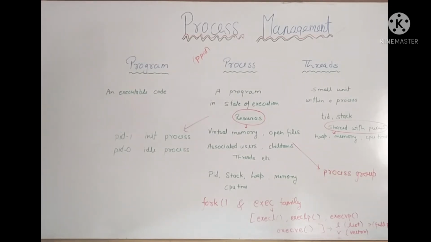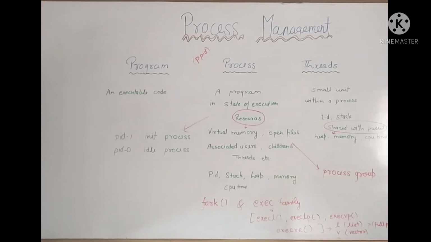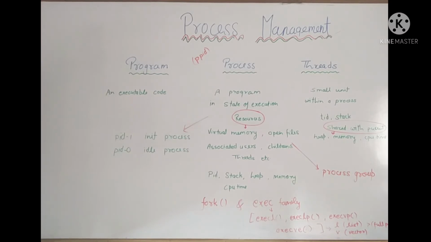Let's discuss some of these calls. Execl basically lists all the processes that have to be executed. Execlp is similar to list, but it searches for the full path given. In execvp, V stands for vector and L stands for list, so the process can be given in list form or in vector form.